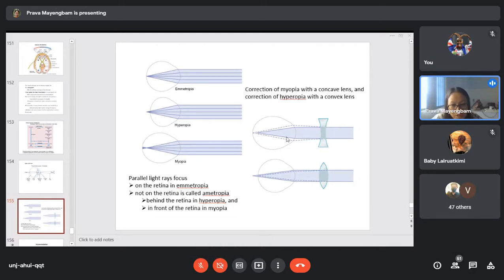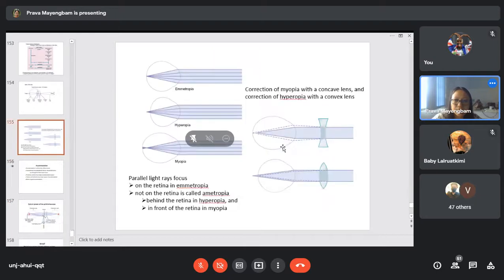So if it is concave, it will lengthen, and if it is convex, it will shorten. Myopia is corrected with a concave lens and hyperopia with a convex lens. Someone tell which lens is used here for myopia?